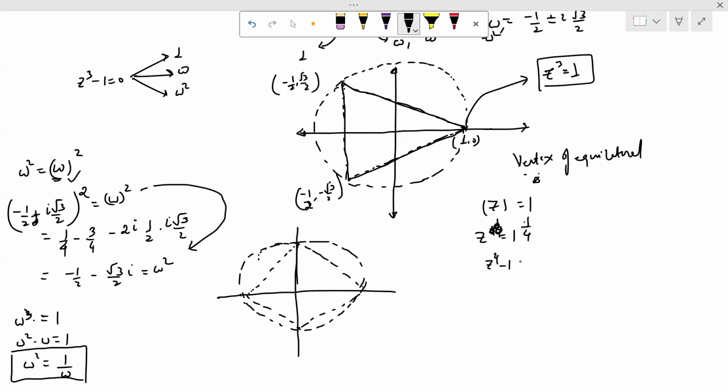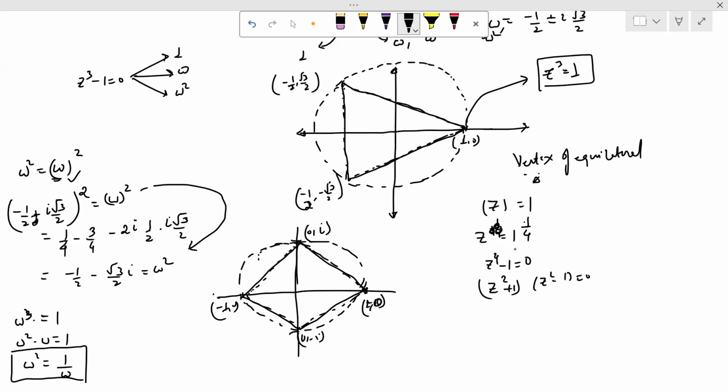It implies z⁴ - 1 = 0, so (z² + 1)(z² - 1) = 0. So the points would be (1, 0), (-1, 0), (0, i), and (0, -i). So all of them lie on the vertices of a square. This is the 4th root of unity.